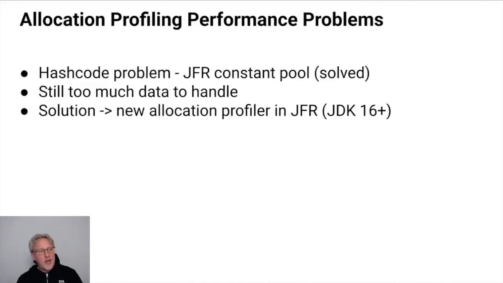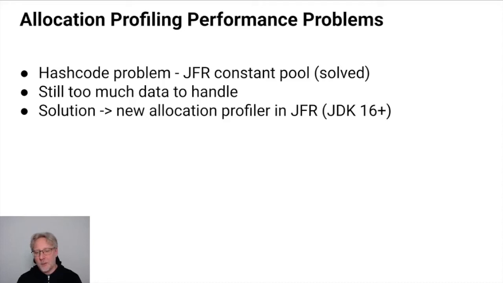Actually, first of all, we had a performance problem. There was a hash code bug regarding the JFR constant pools that we ran into, which caused us to use way more CPU than necessary when walking the stacks. Once that was fixed, the CPU overhead of using this wasn't too bad, but we still produced way more data than we could handle.